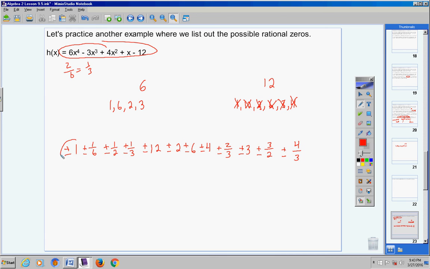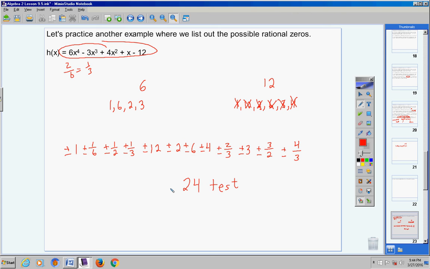Each one of these is 2 numbers, plus minus. So I've got 1, 2, 3, 4, 5, 6, 7, 8, 9, 10, 11, 12 times 2. I've got 24 numbers to test until I find a 0. Now, will I give you one like this on a test or a quiz? Of course not. That's ridiculous.